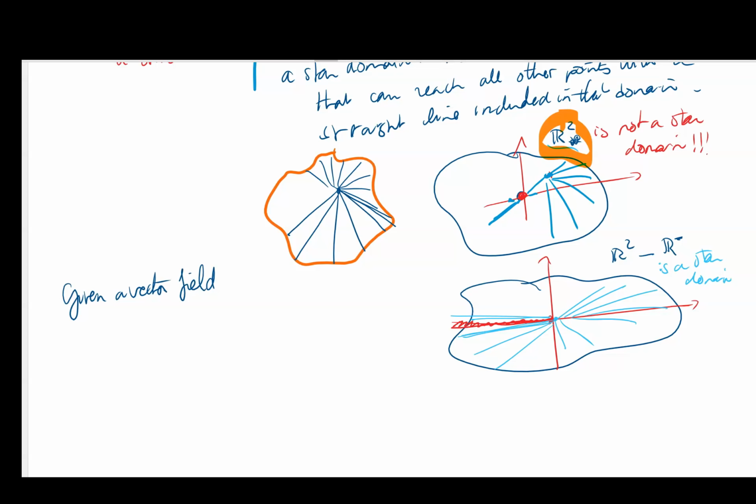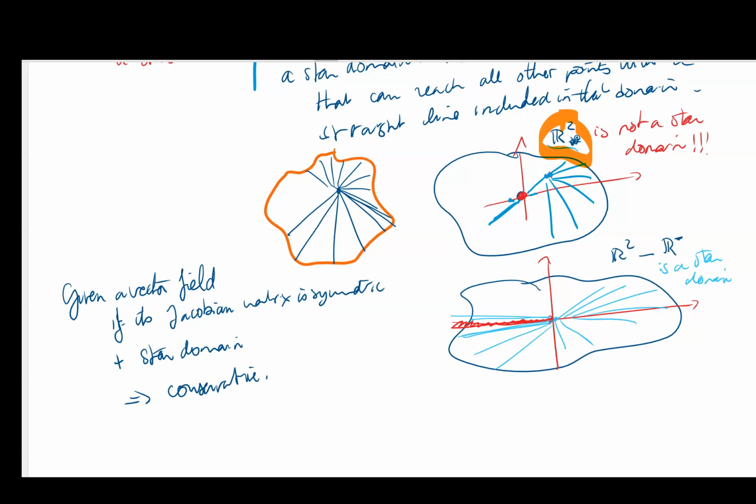Another way to say that is to say that if its Jacobian matrix is symmetric, then we are in a star domain, then it's conservative. So good exercise.